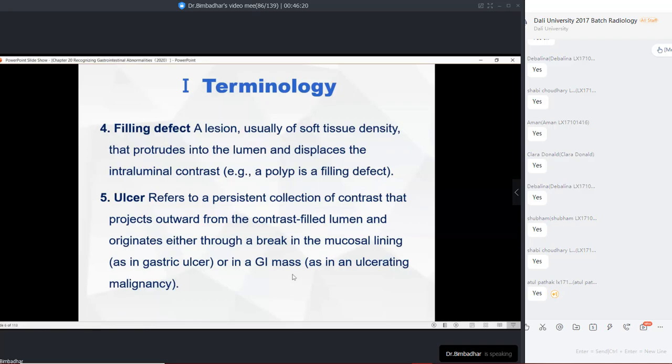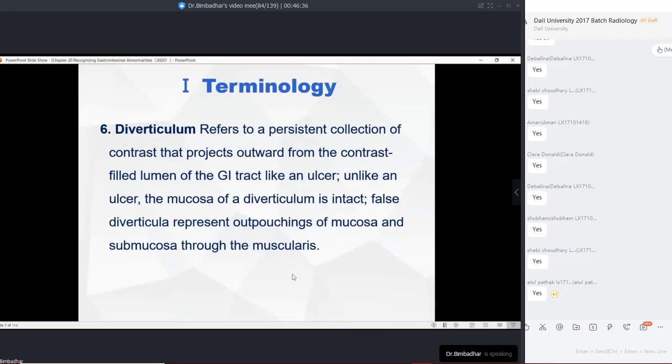A filling defect generally indicates that there is a mass or a polyp. Ulceration is a persistent filling of the contrast because of the breakage or the erosion in the mucosal lining. It generally happens in a gastric ulcer condition. Okay, clear? Then a diverticulum is the collection of the contrast that projects outward from the lumen.